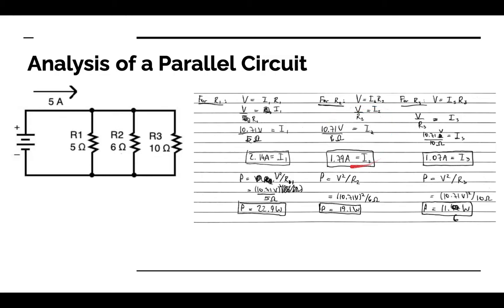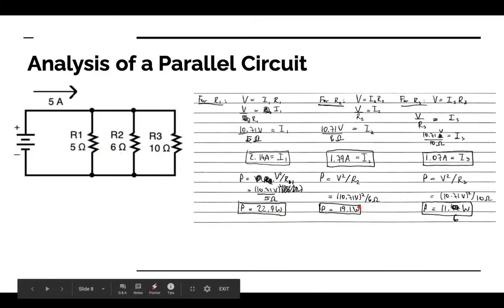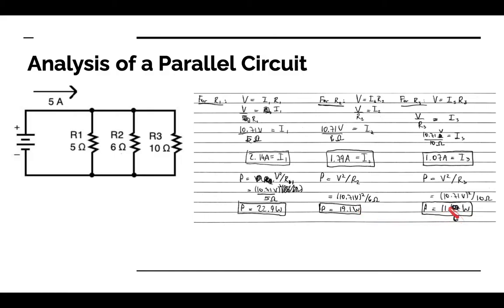As a result of applying Ohm's law to R2, we get 1.79 amperes passes through R2, and then through R3 we get 1.07 amperes through I3. And then applying an equation to determine the power through each resistor, we get that the power is 22.9 watts through resistor 1. The power dissipated through resistor 2 is 19.1 watts. And then the power dissipated through resistor 3 is going to be 11.6 watts. Okay?